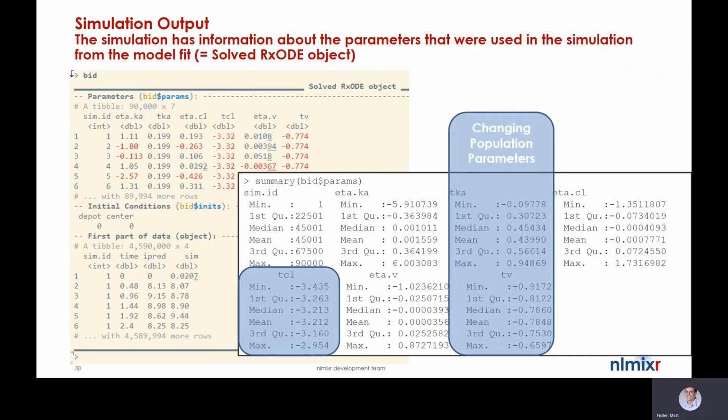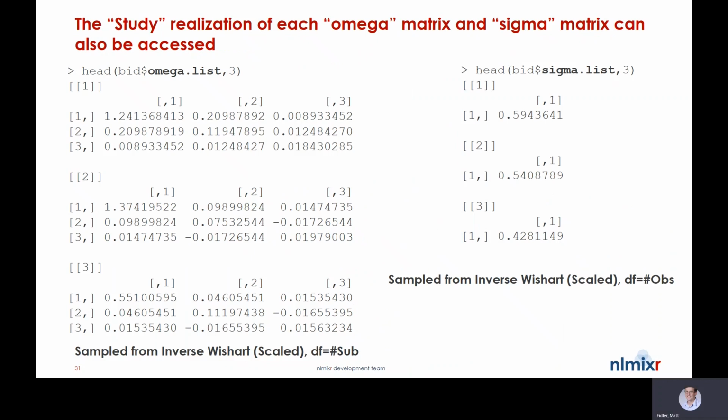Using this information and taking a summary again of this params block, we can see that the KA, the TV, and the CL actually change based on whatever study you're in, which is what we were hoping for. The other thing you can see is this realization of each omega and sigma matrix. You can see it by looking at the omega list and the sigma list.